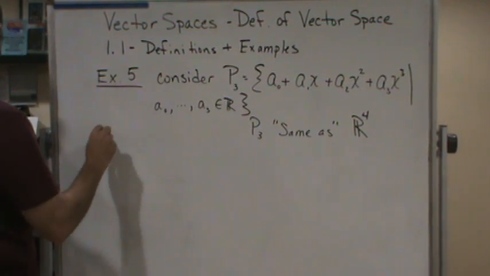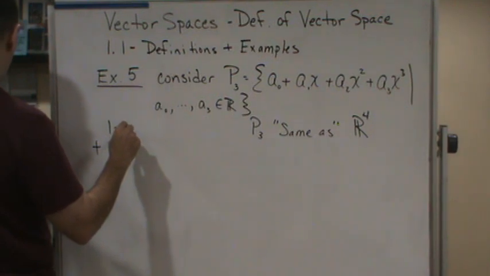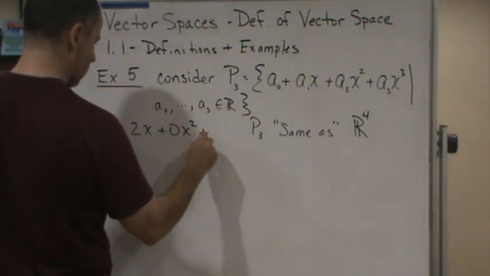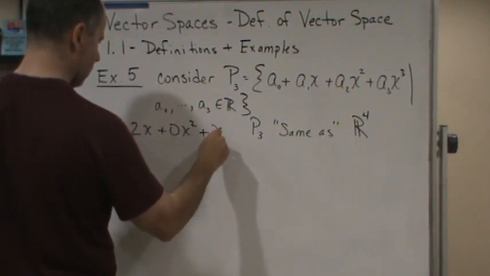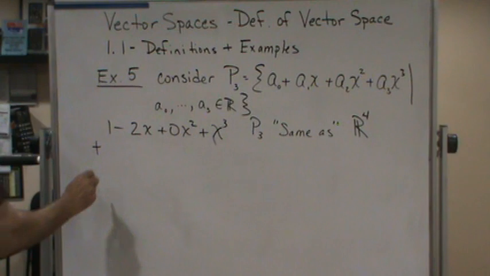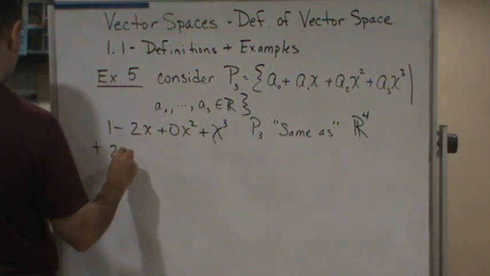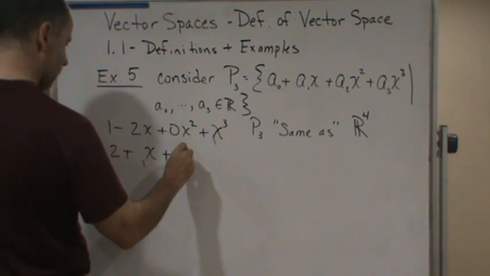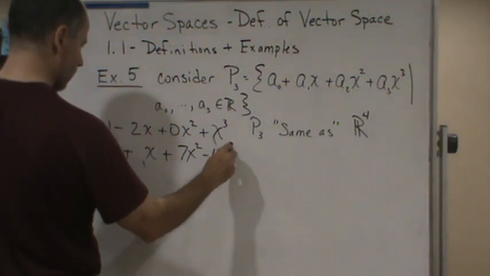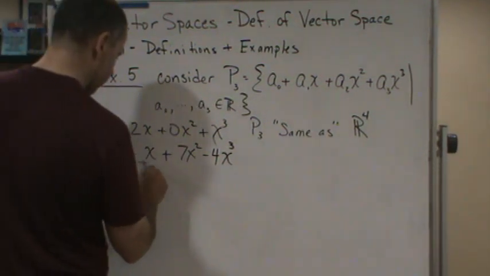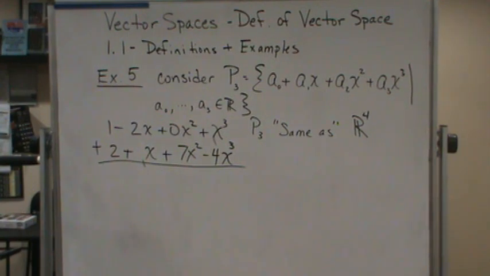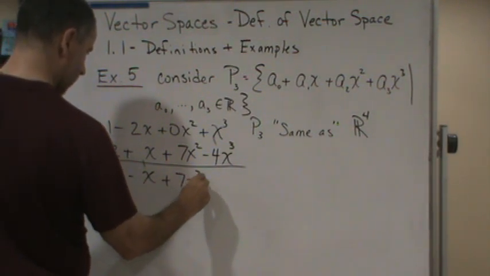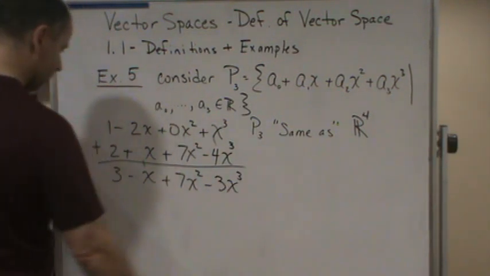So if I add two polynomials, and I take that problem and I add, I'm going to get this.